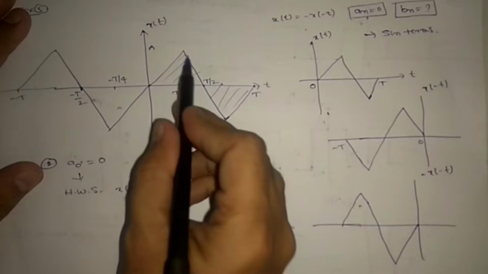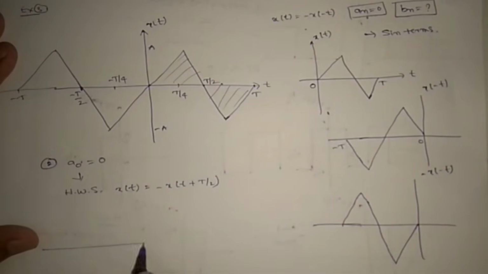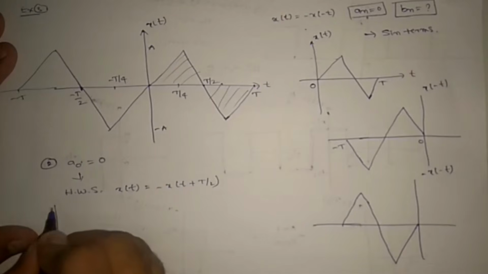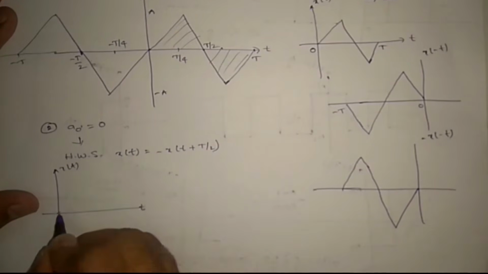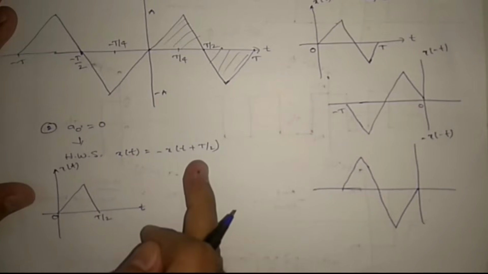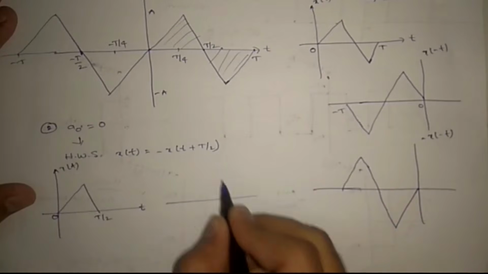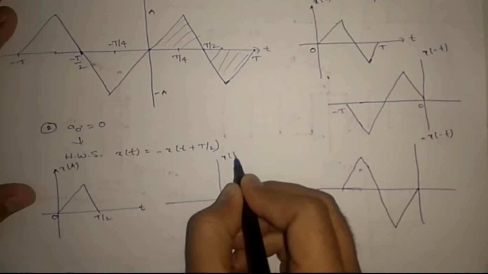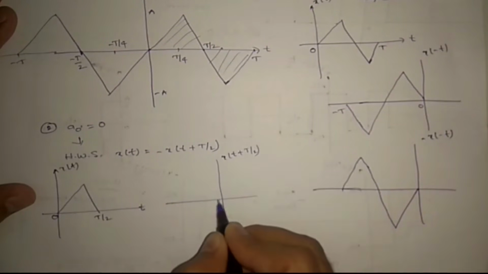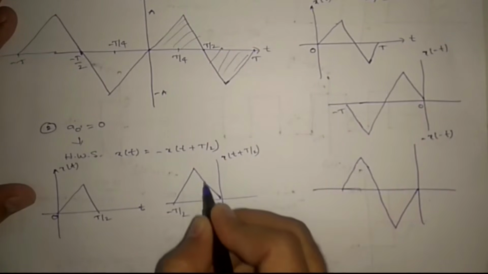So I will take only the half wave. This also I am not taking completely. So this is T, x of t, and I am taking half a period, up to T by 2. This one we need to shift by T by 2, right? So it will go to the left side, right? So if you perform x of t plus T by 2, how will you get it? You will get it on this side, minus T by 2, 0.